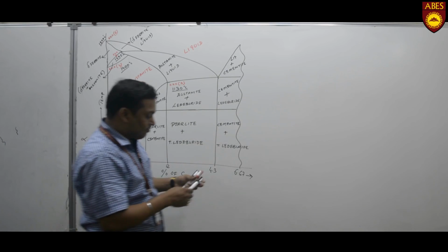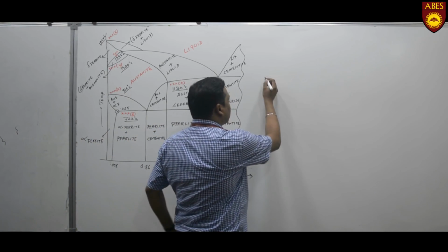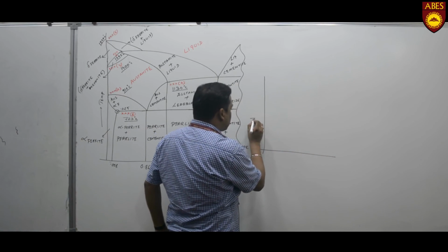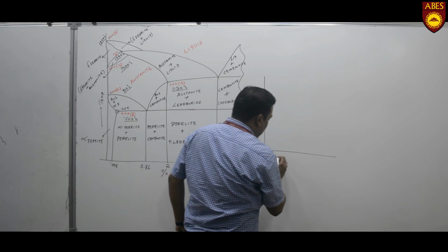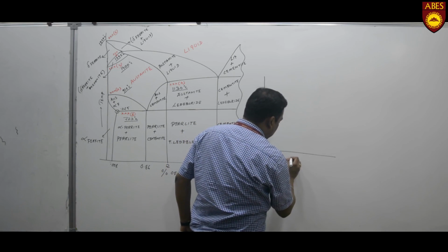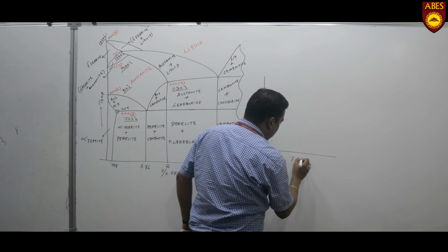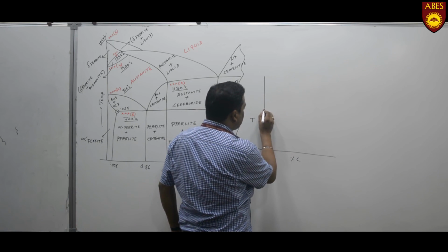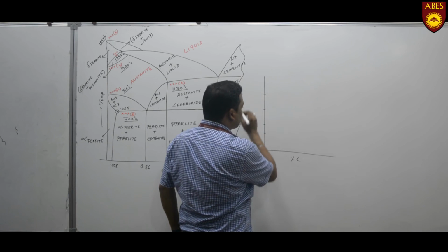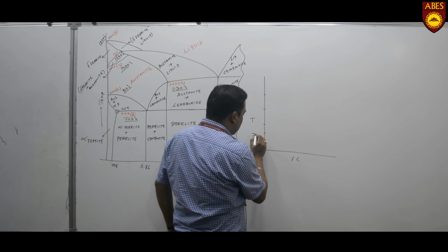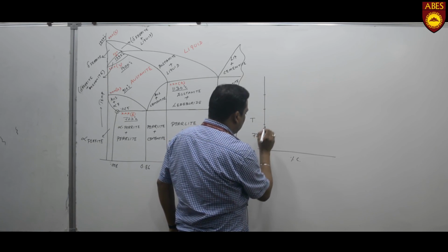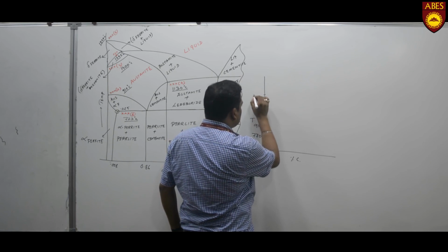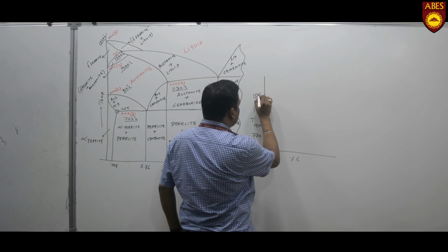So let's start with what phase transformation is going on. If we take this as the temperature T and this as the carbon percentage, the temperatures basically in the 4 segments are very important for the phase transformation. This is 770, this is 910, this is 1400, and this is 1539.